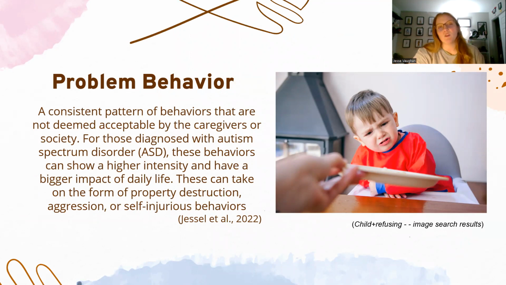For those diagnosed with autism spectrum disorder, these behaviors can show in a higher intensity, higher frequency, or have a bigger impact on the daily life. These can take the form of property destruction, aggression, self-injury behaviors, refusals. It can look very different amongst each child and can be even described differently within the same realm of behavior.